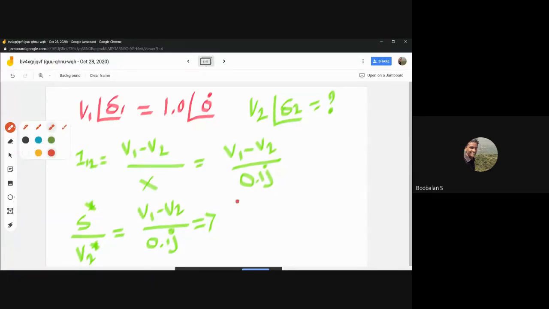We already know S complex conjugate, which is 0.6 minus J 0.3, divided by V2, which we don't know.